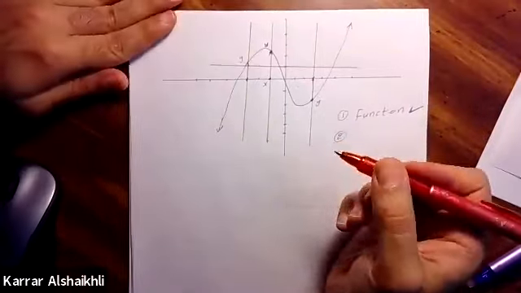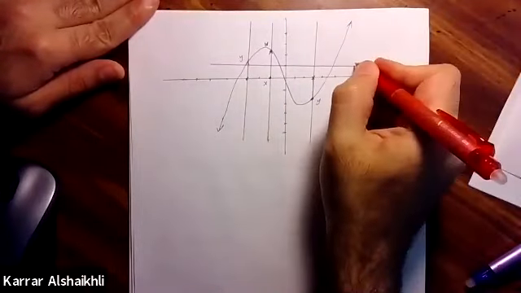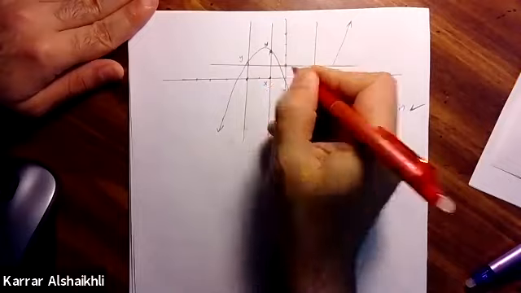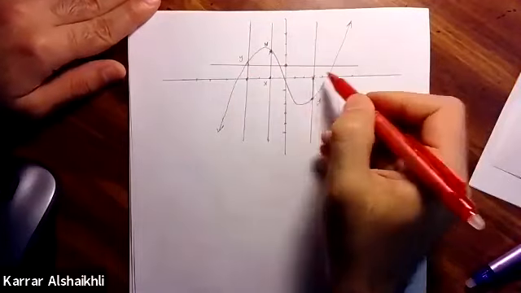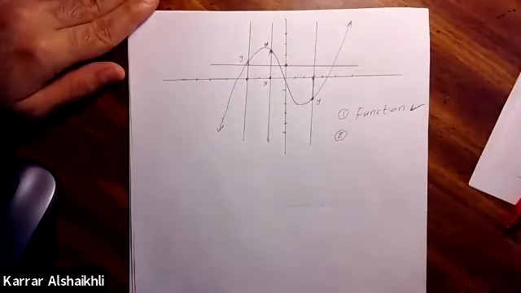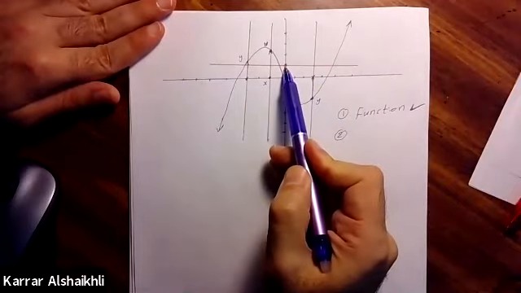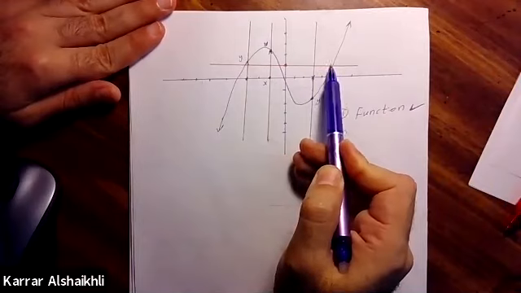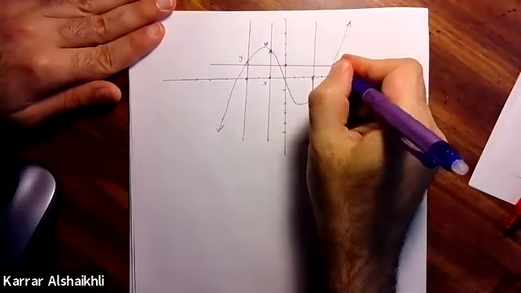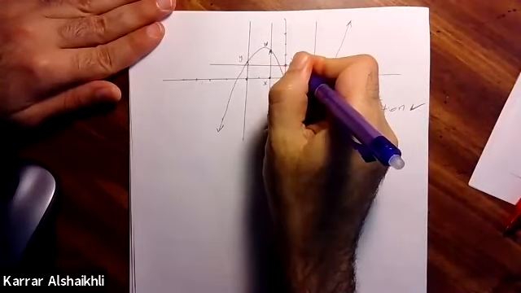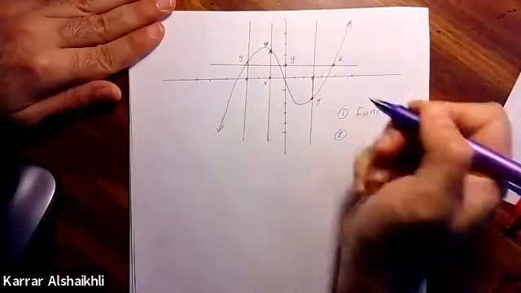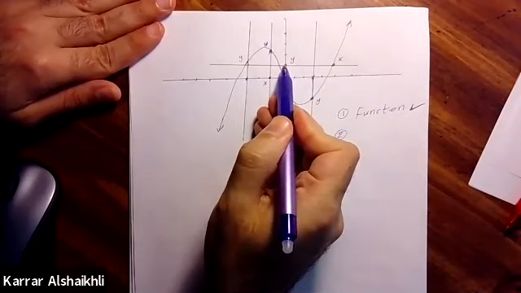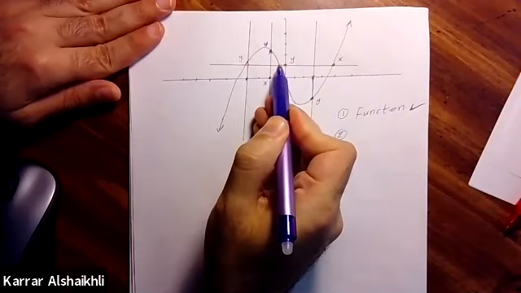Now the y on this line goes to how many x's? Check. The first one, I'm going to follow the line to the graph here. That means this y goes back to 1 x. Check on the other side. This y, let's follow the graph here.